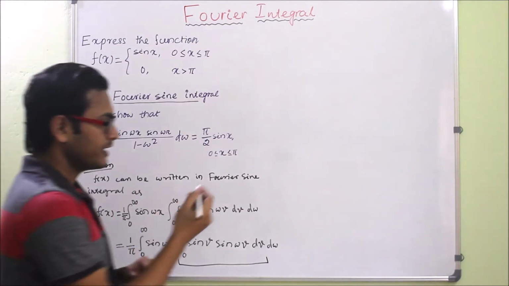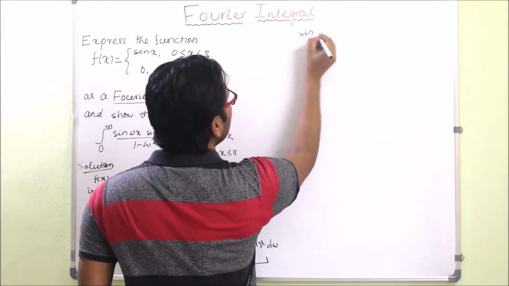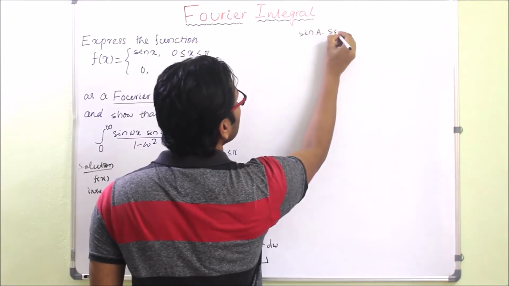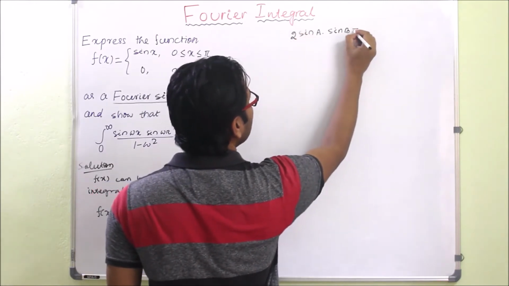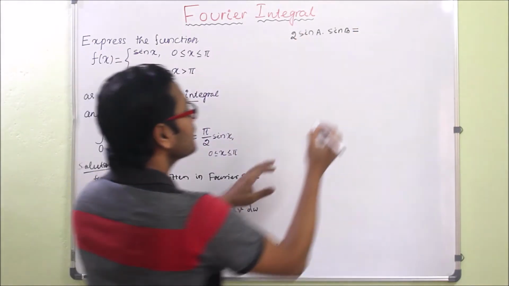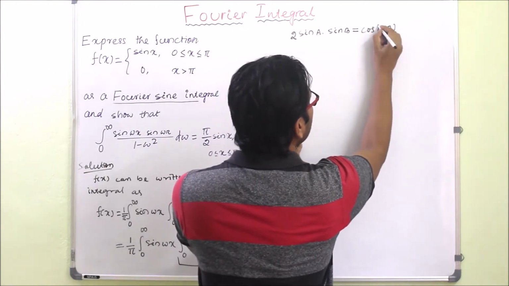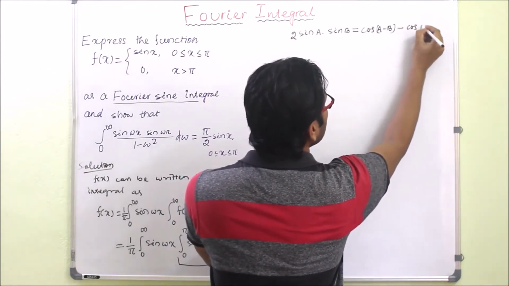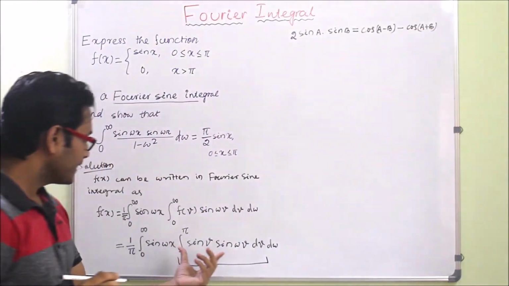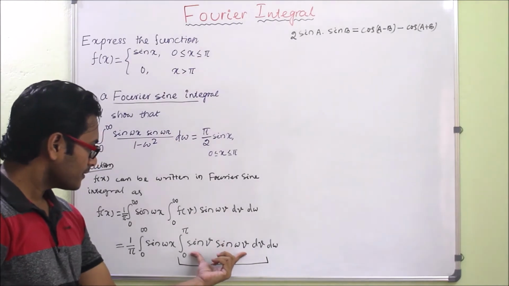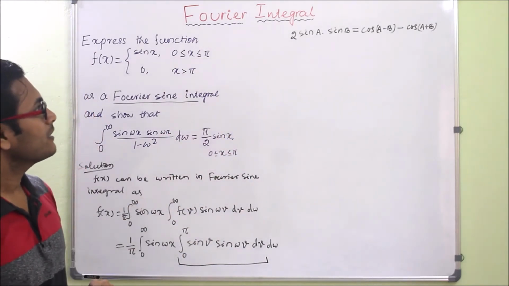If you remember, there is a trigonometric formula: 2 sin a into sin b equals cos a minus b minus cos a plus b. To integrate this, we have to apply this 2 sin a sin b formula.